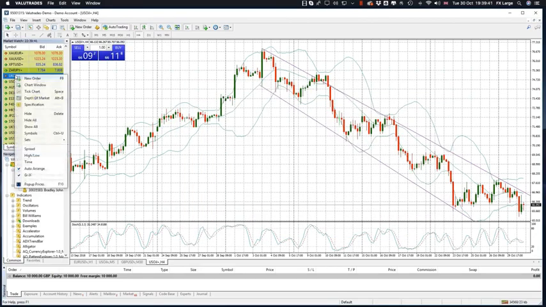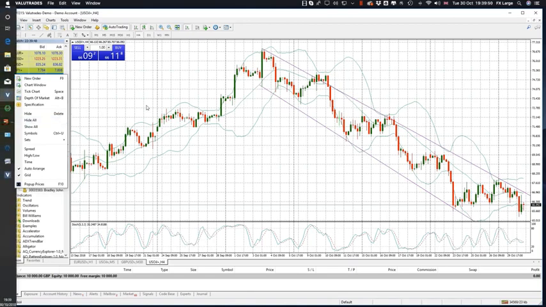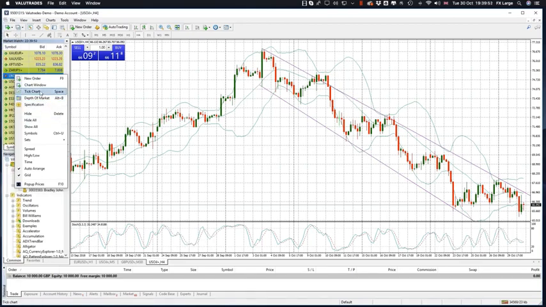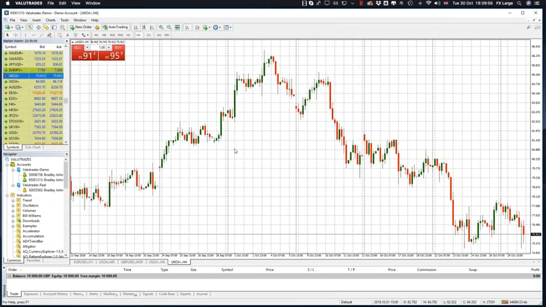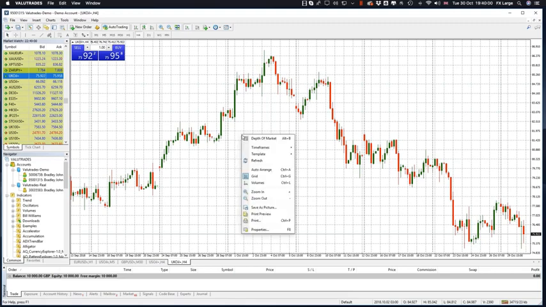Okay, let's say we want to do the same thing on UK oil. So keep in mind we have Bollinger Bands, stochastics, and 2 trend lines on this US oil chart. We're going to open a UK oil chart. Again, it's very similar, but Brent and WTI often trend differently, have different prices.